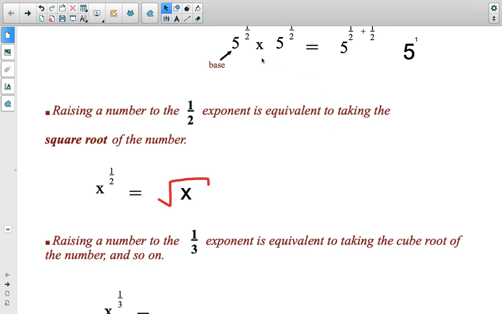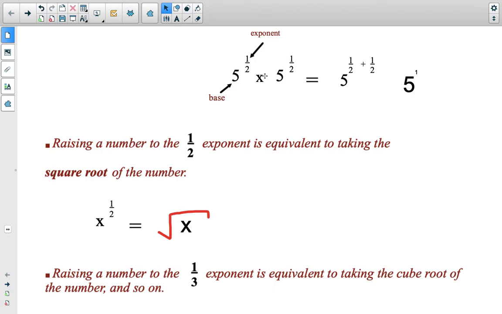So if I show you with these 5s up here, instead of keeping it as 5 to the power of 1/2, if I were to take the square root of 5 and times it by the square root of 5. So that's exactly what this translates to. So 5 to the power of 1/2 times 5 to the power of 1/2 is square root of 5 times square root of 5.